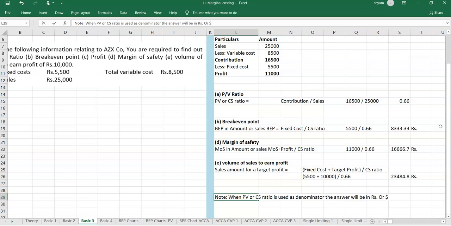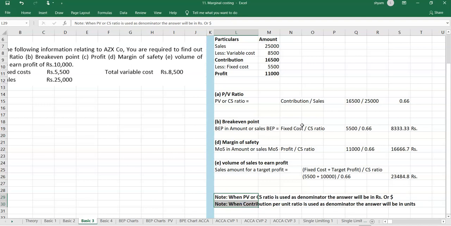So it represents the amount. And note: when contribution per unit is used as denominator, the answer will be in units. This is a very important point.